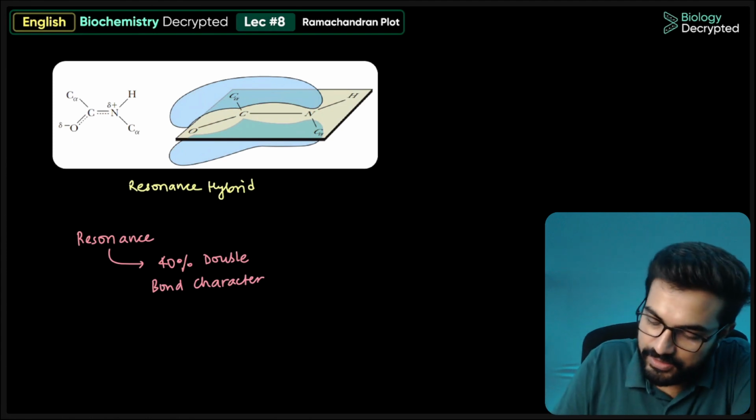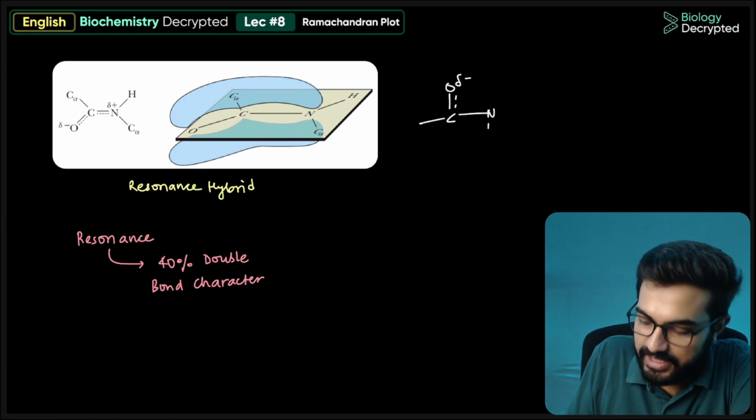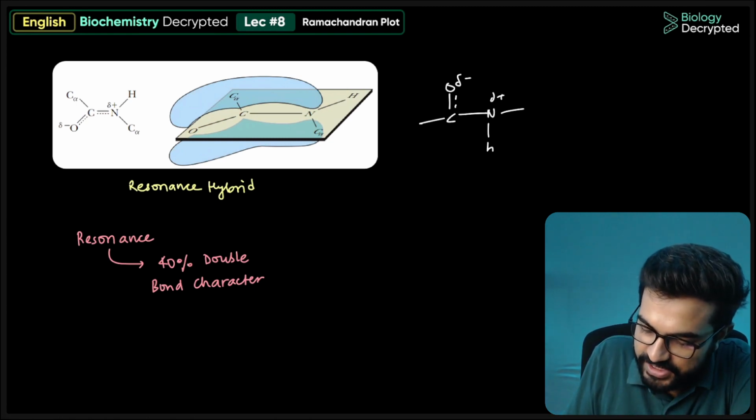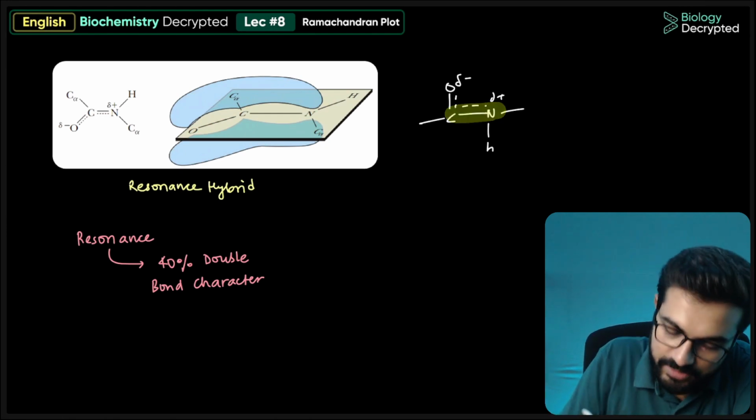As you can see here, you had already seen the structures: CO partial negative, NH partial positive. This has a partial double bond character.